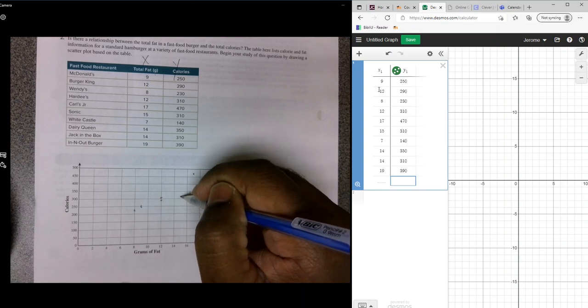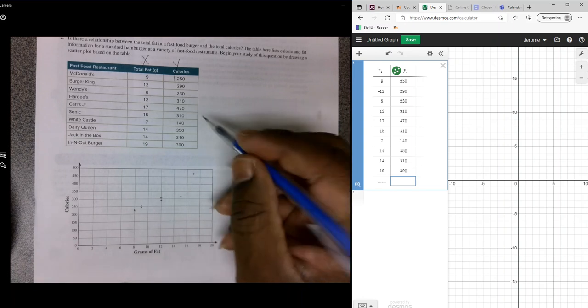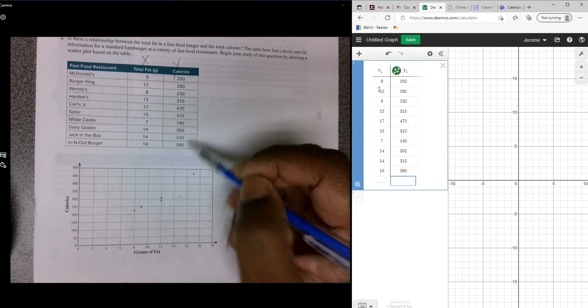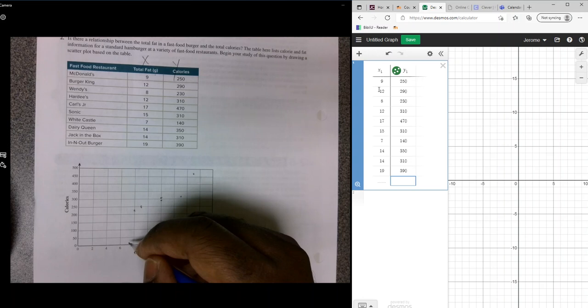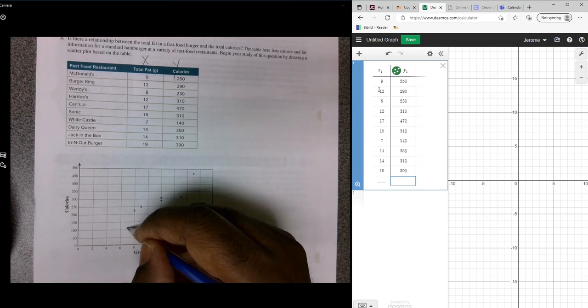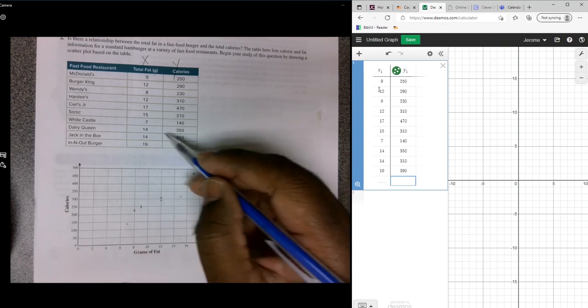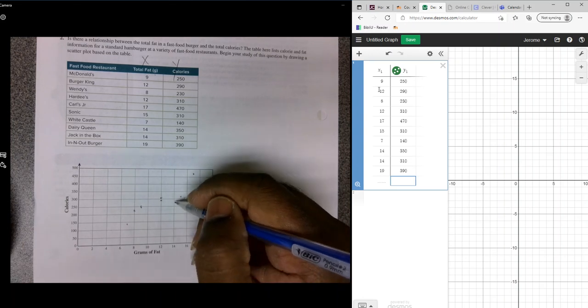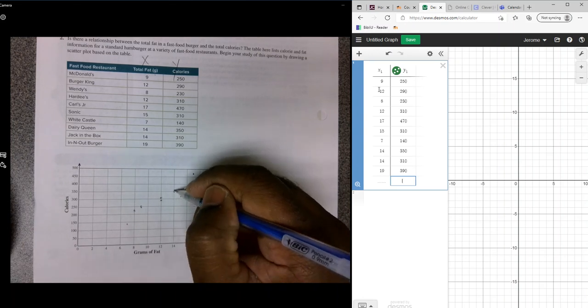Okay, then 7 and 140. Let's see, 7 and 140 should be about here. 14 and 350. And then we have 14 and 310.